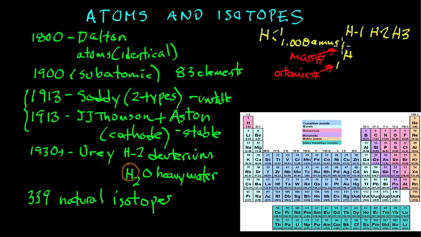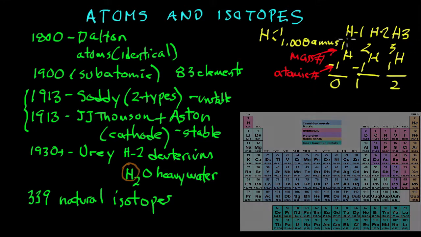The mass includes the neutrons. The unusual thing about hydrogen 1 is that it has no neutrons, so you subtract these two and you get 0. But with hydrogen 2, you have a mass number 2, 1 proton subtracted, and you get 1 neutron. For hydrogen 3, you get 2 neutrons.